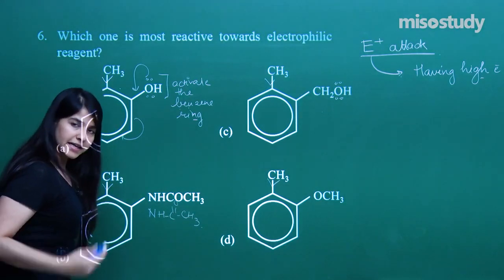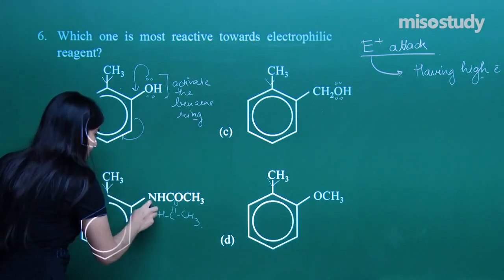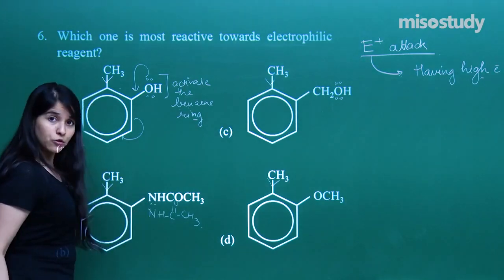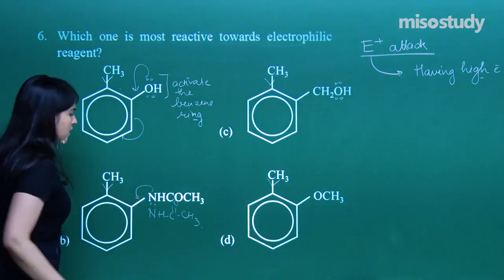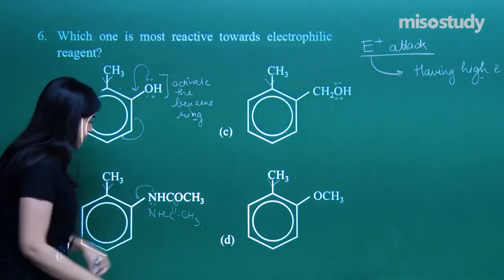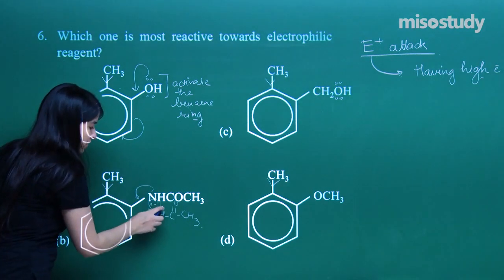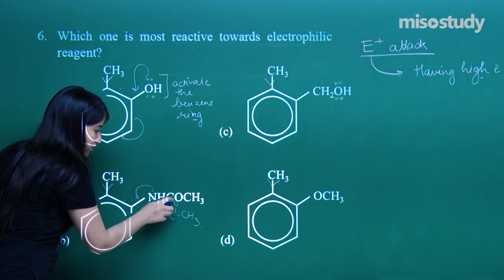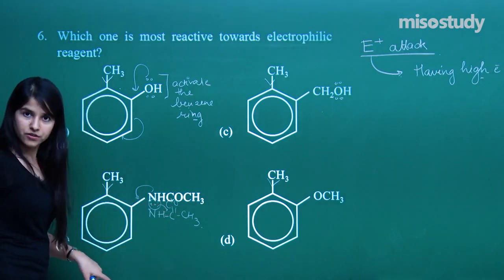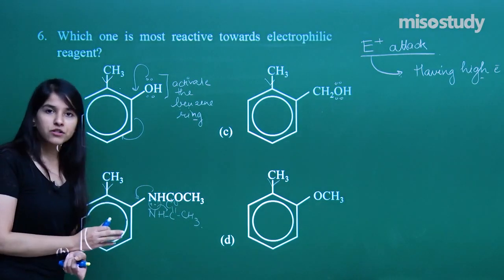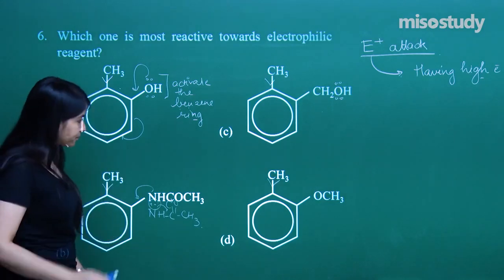Is it donating? Yes, slightly donating. These nitrogens will be having the lone pairs. It is somewhat donating over here, but these lone pairs will also be involved in the resonance which is taking place with the oxygen. So the lone pairs are not completely involved over here.